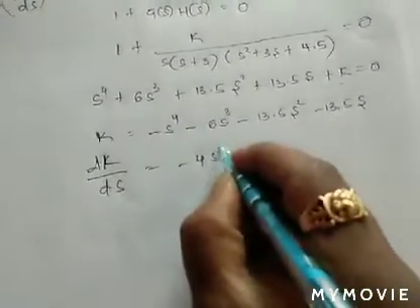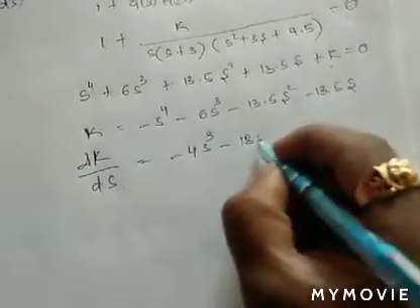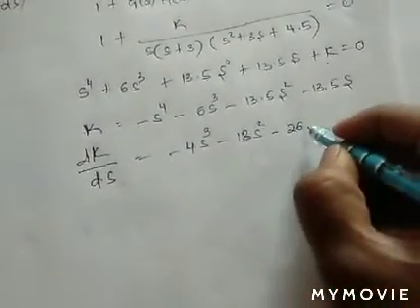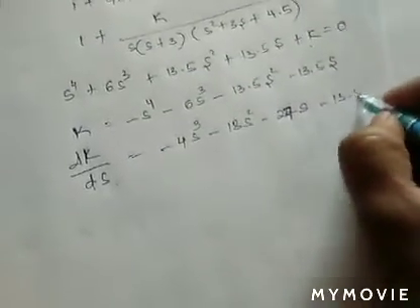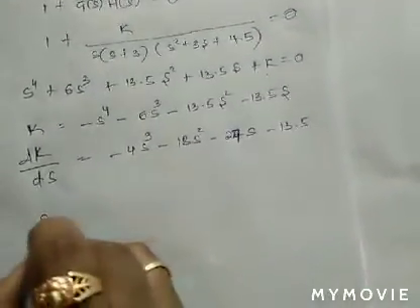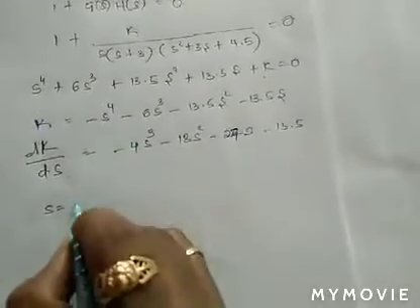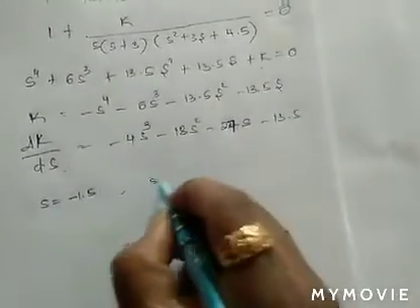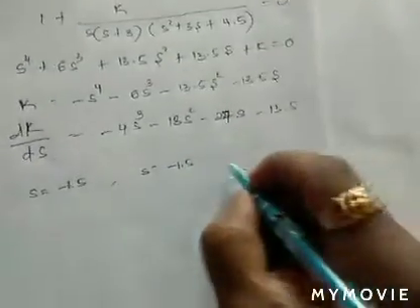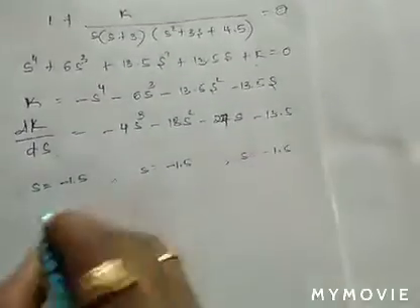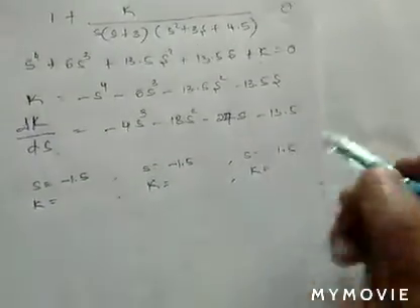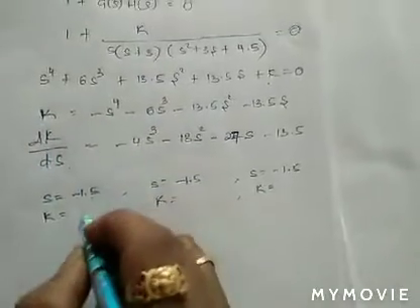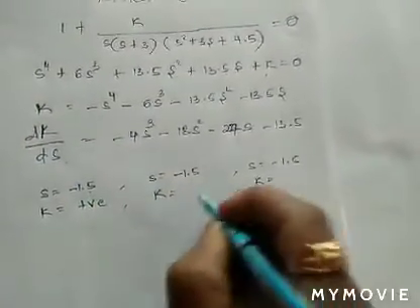So minus 4s cubed minus 18s squared minus 27s minus 13.5. If you put this in your calculator equation solver, you will get 3 roots, all s equals minus 1.5. So for this s, what is the value of K? You put it here and you will get the value. So K is positive for all the 3.